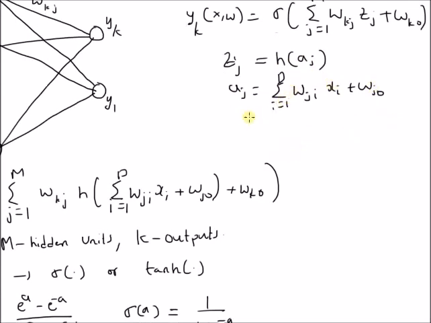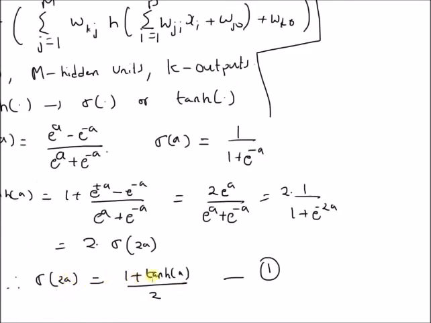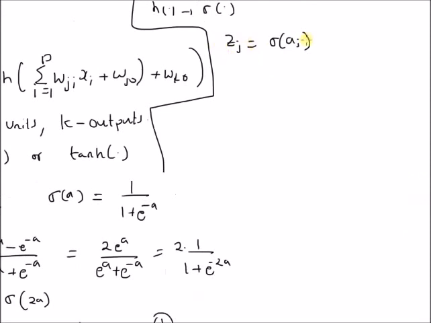Now when we use h equal to the sigmoid function, then zj is equal to h of aj, that is sigmoid of aj. But we just established that the sigmoid of 2a is equal to (1 plus tanh of a) divided by 2. So whatever the parameter here, we have half of that parameter. So zj is equal to sigmoid of aj, which is equal to (1 plus tanh of aj divided by 2) divided by 2. So this is the equivalent relationship between the sigmoid function and the tanh function.